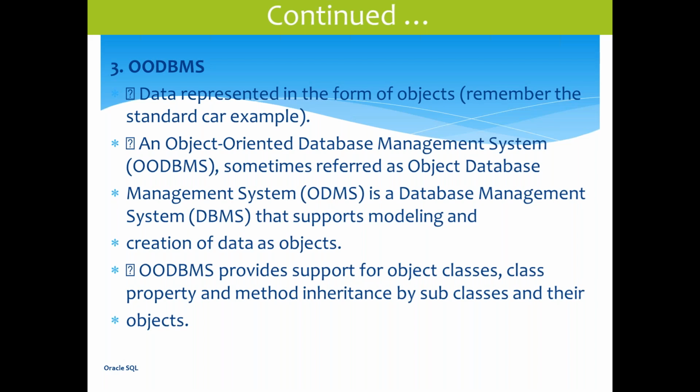Next, OODBMS. So what is this OODBMS? Data represented in the form of objects. Object was not there at that time. Around 1990, or before that, object was not there. So what is an object? Object or instance. In a classroom, we took one example: different objects are there, then only we can run the class properly.